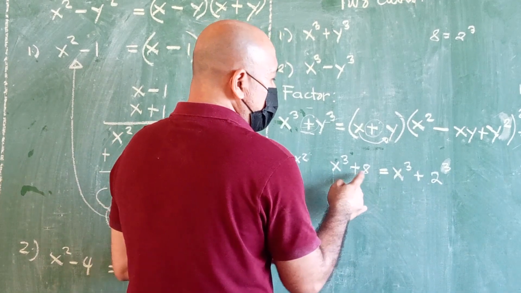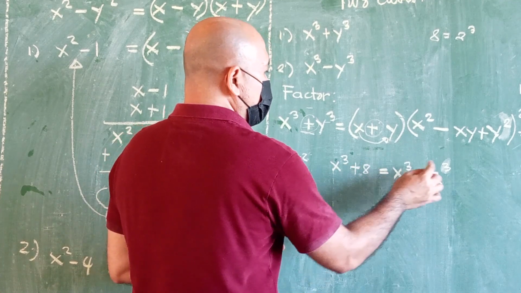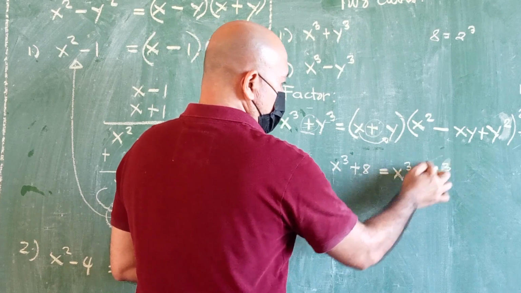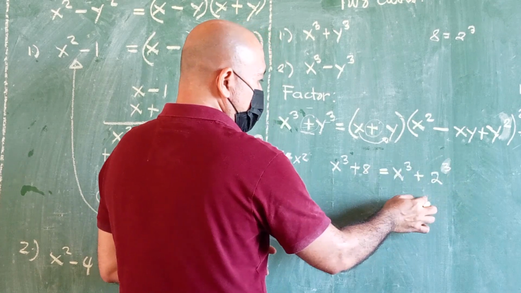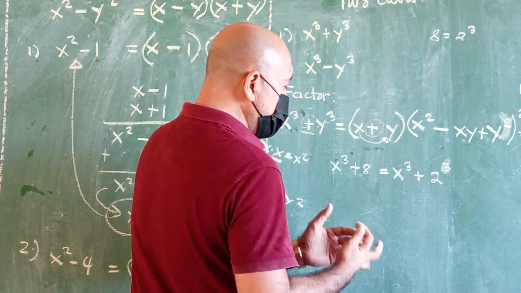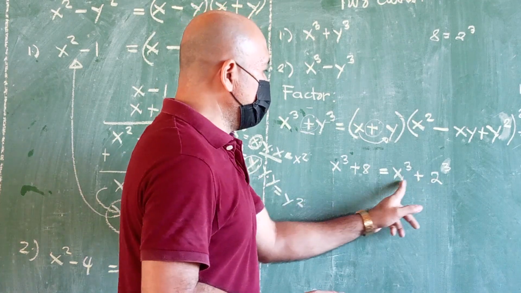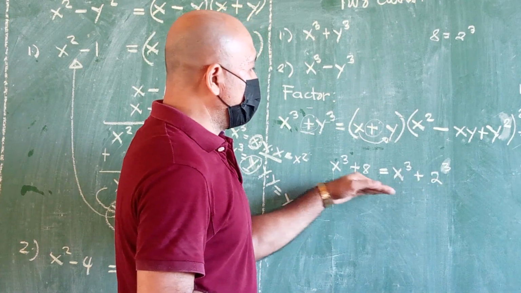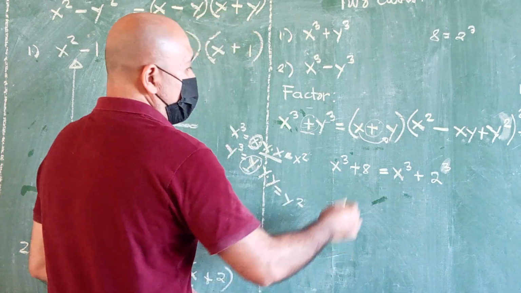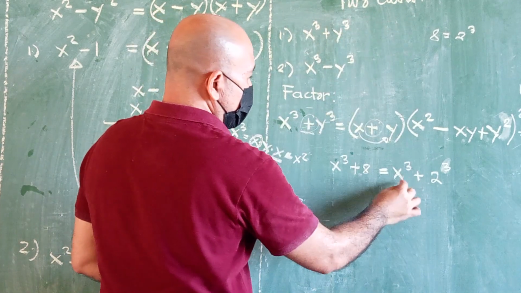You are just rewriting the constant term into a power of 3 so that the exponent is the same as the exponent in the first term, to illustrate that the first term and second term are perfect cube terms. And we now have the sum of two cubes.